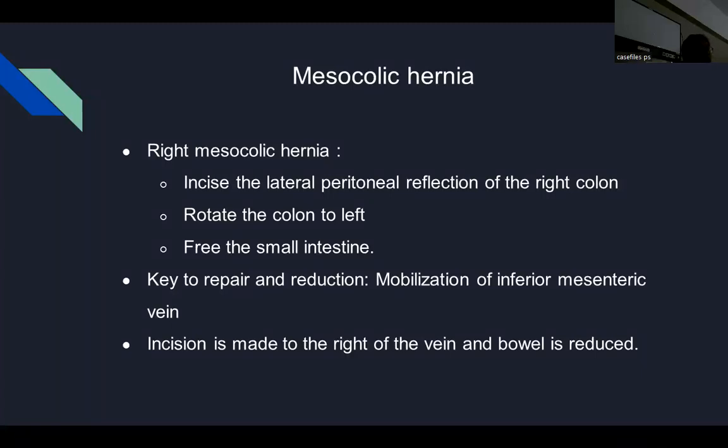So towards the left side, the right border is formed by the inferior mesenteric vein. So that has to be mobilized when we are reducing the hernia on the left side.